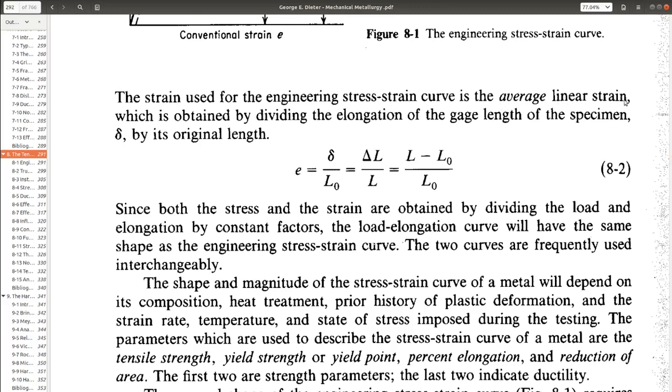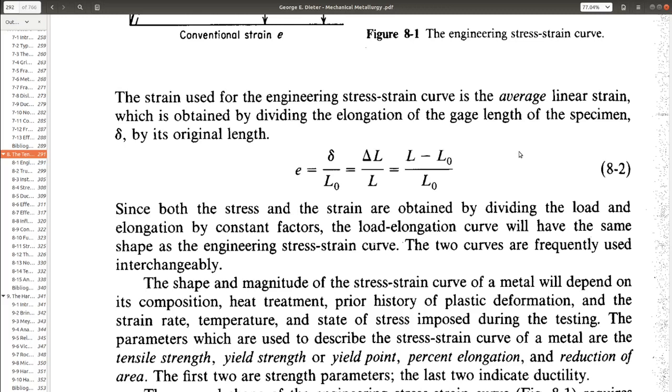So why is it being called average linear strain? Because say the specimen is with a length of L naught. In that specimen with L naught length, we could divide that specimen into many infinitesimal pieces, and each infinitesimal piece will get stretched, and it's not necessary that it will get stretched uniformly.